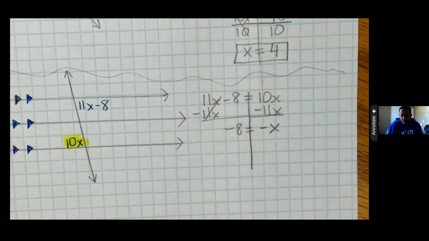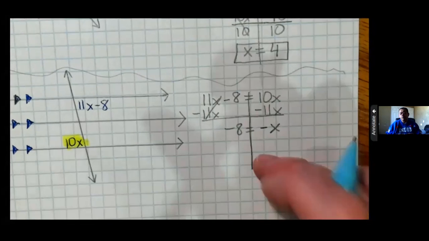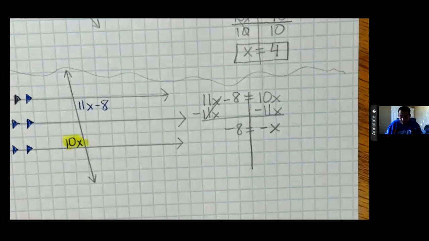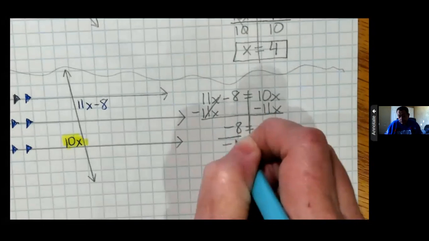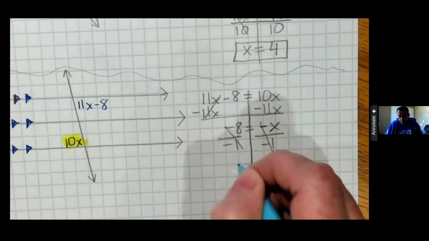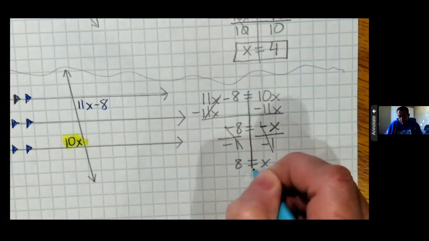That's okay. Now, can x be negative? No. The x has to be by itself. So I have to divide by negative 1 because x can't be negative. So when that happens, I now have that 8 equals x.